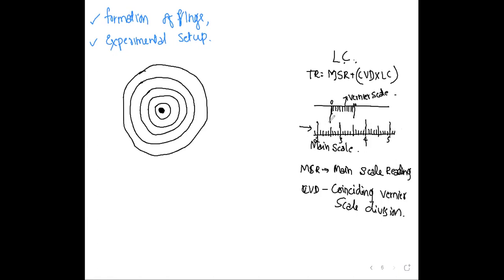The 0th line is around here, behind 2.5. After 2 comes 2.1, 2, 3, 4, 5. The 0th line is below 2.5, right? So MSR is 2.4 centimeter.